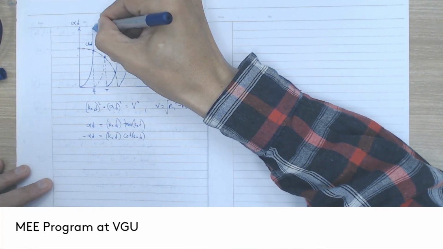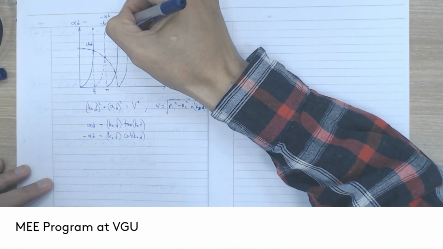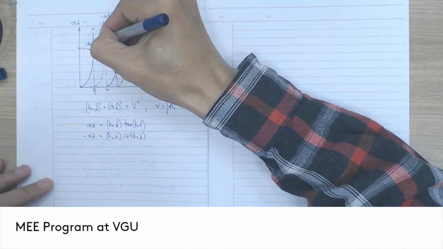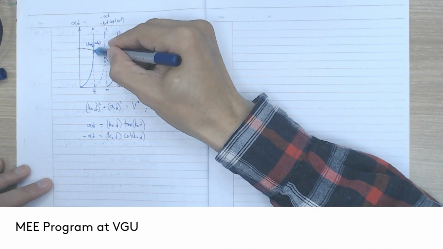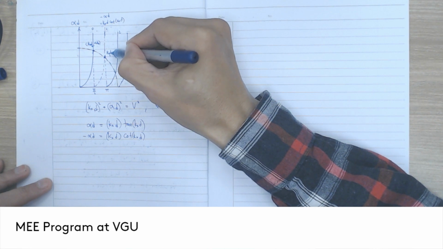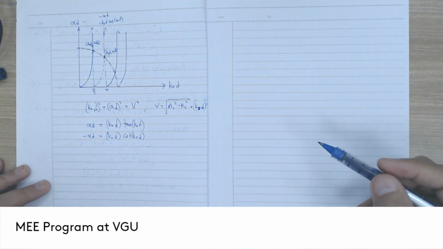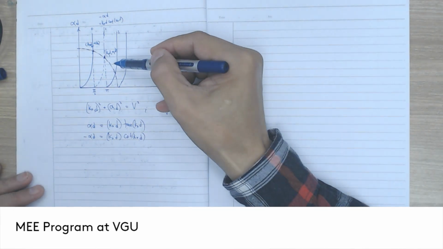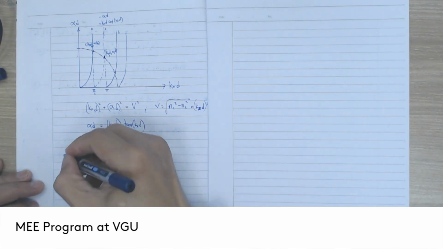For example, this is 0, and this is 1, and this is 2. So kx 0 and then alpha d 0, I can say, and this one is kx 1 and then alpha 1 d. So I can do that.